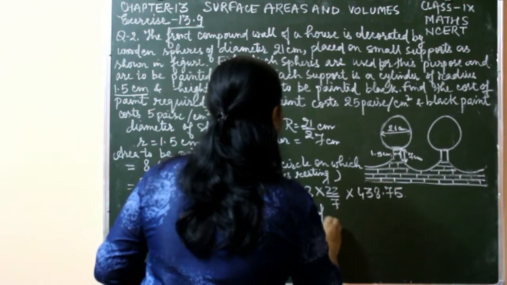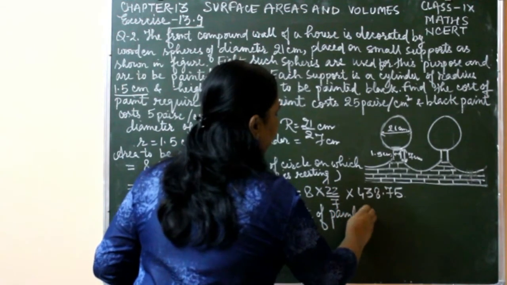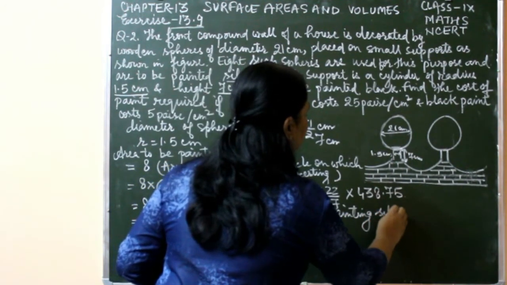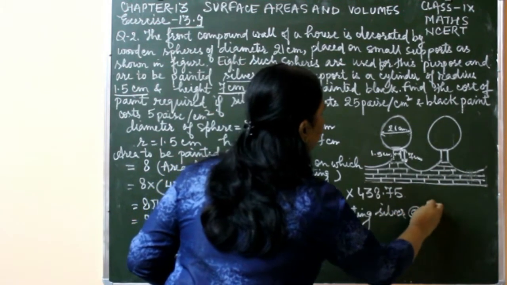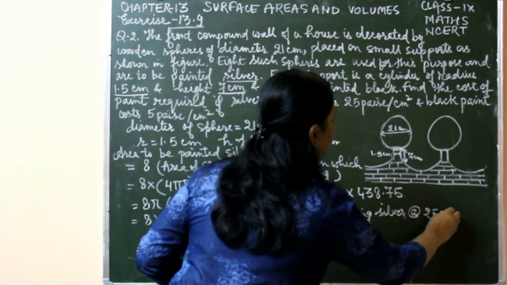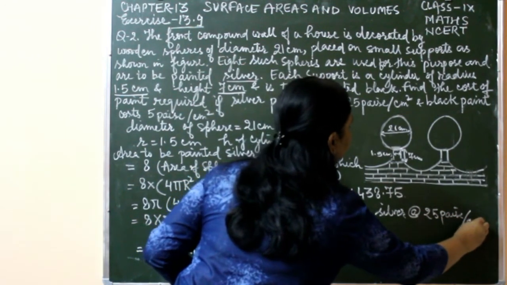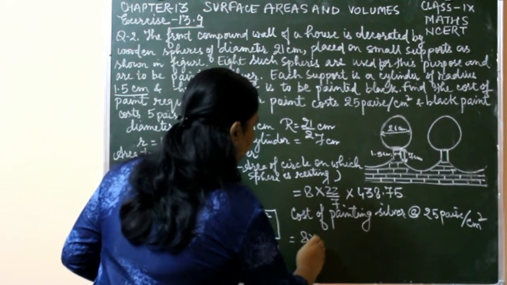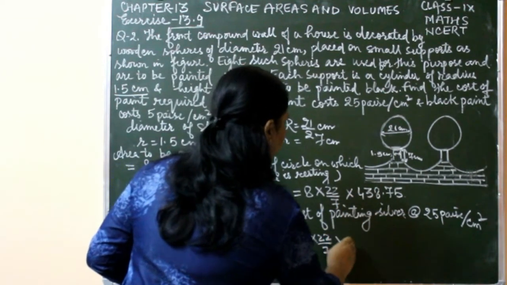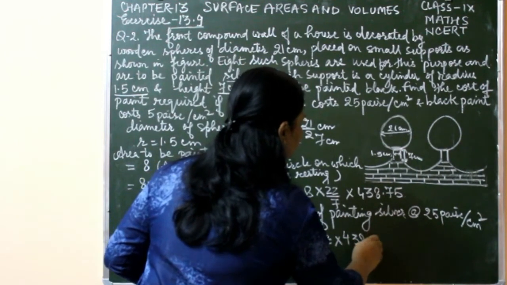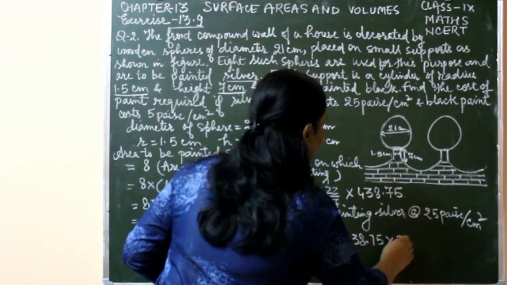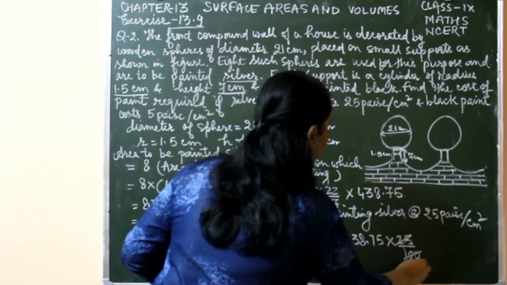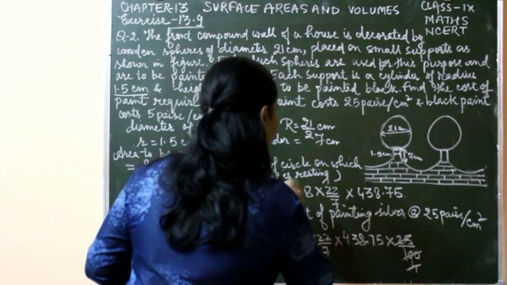Cost of painting silver at the rate of 25 paise per centimeter square. So this will be equal to total area, that is 8 into 22 upon 7 into 438.75 into 25 upon 100. 25 4s are 100, 4 2s are 8.